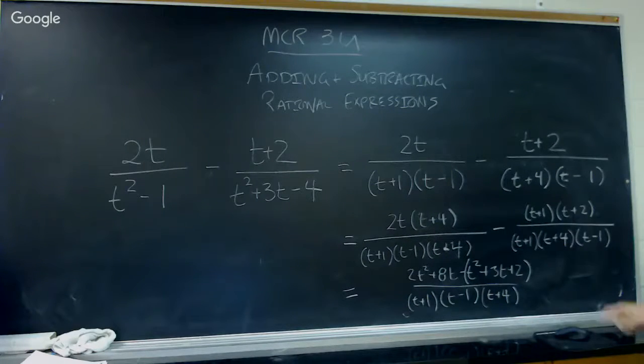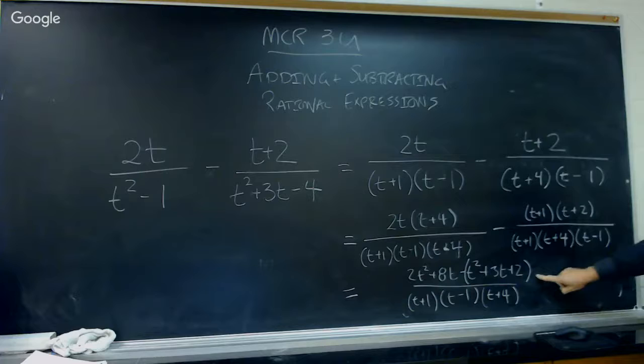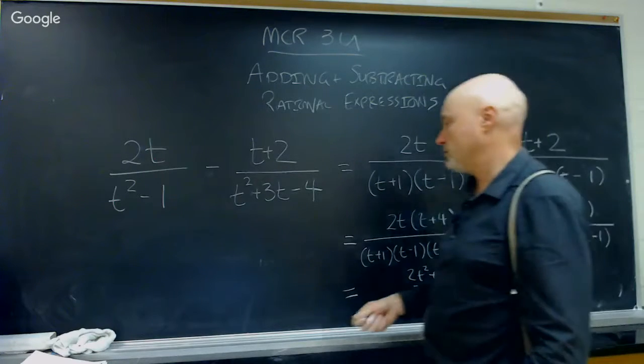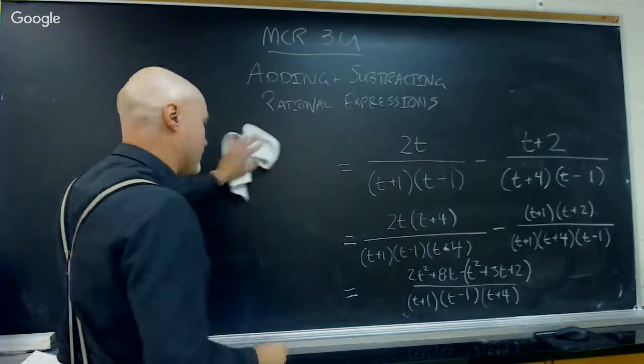2t squared plus 8t. So I've just expanded this. And subtract, because I'm subtracting the tops. And I've expanded this expression here, t squared plus 3t plus 2. Okay, and I'm going to do the final simplification step over here.